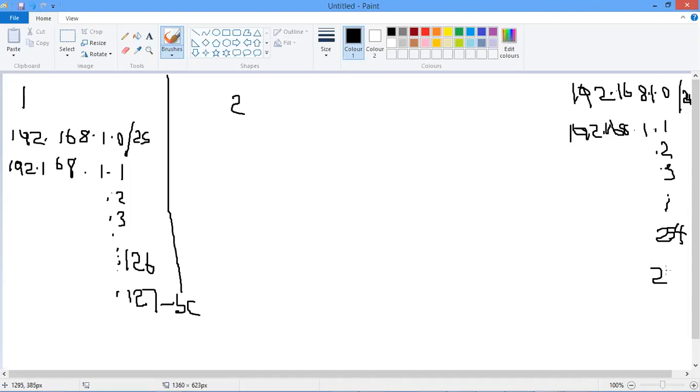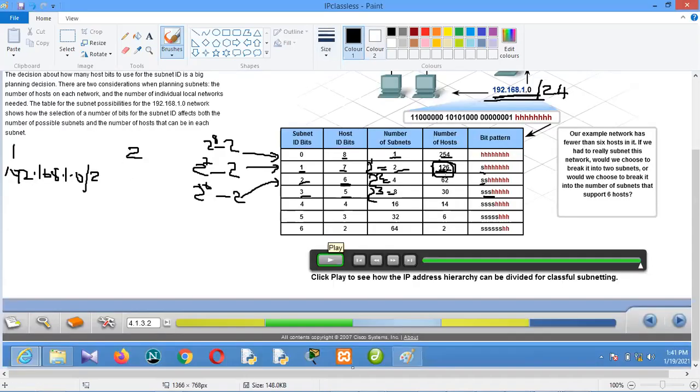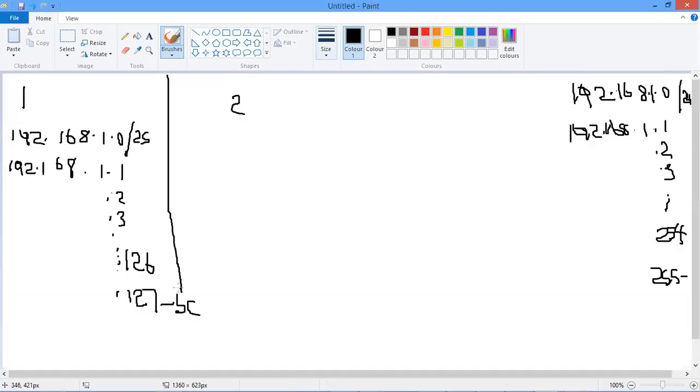Then 255 is our broadcast address. The same thing with this one. We are supposed to have valid IP addresses that are 126. So the next one is 127, which is supposed to be the broadcast address.